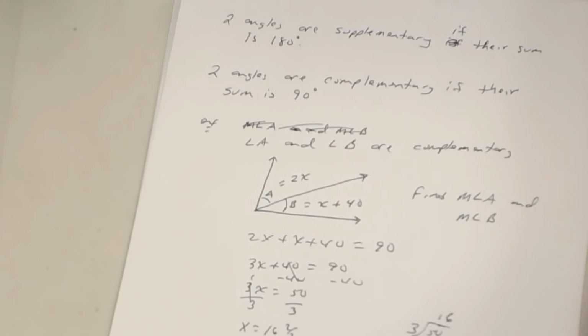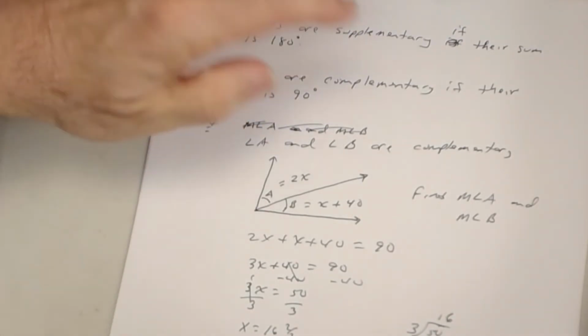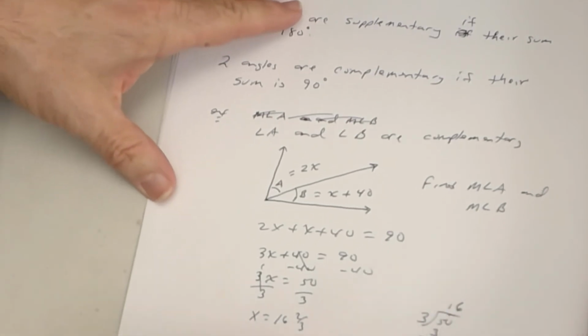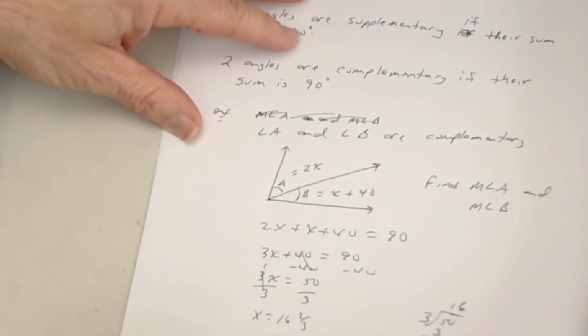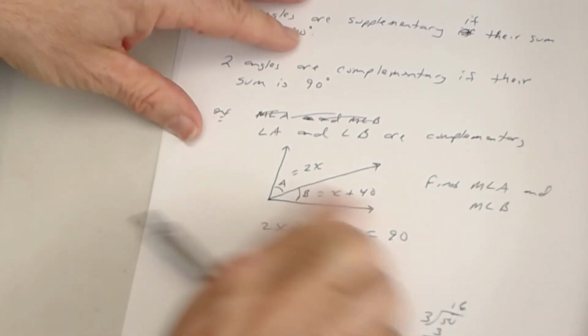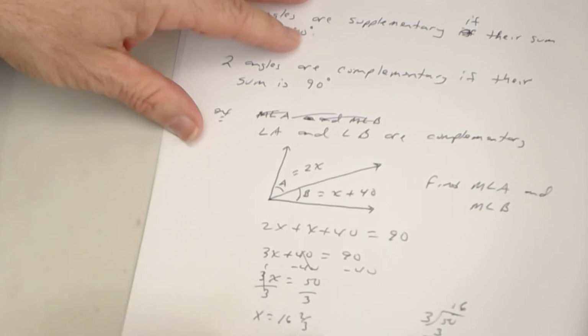So if that's x, then x is 16 and 2/3. So then you've got to find the measure of angle B now. It's not going to be easy to deal with because you're dealing with a fraction, in this case a mixed number. So the measure of angle A is represented as what expression?